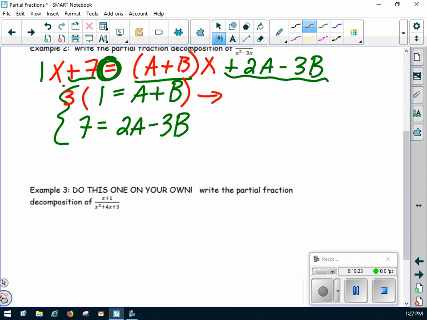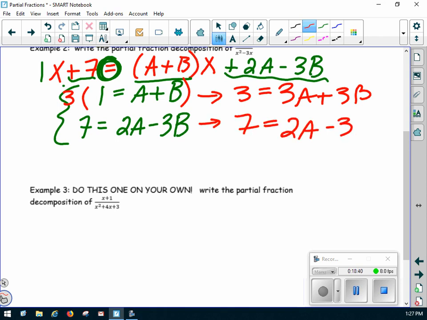I don't like the last thing you said. Why did you pick multiply by 3? Because then you'll have plus 3b and minus 3b, so they'll just cancel out. Yep. If I multiply that top equation by 3, what do you get?